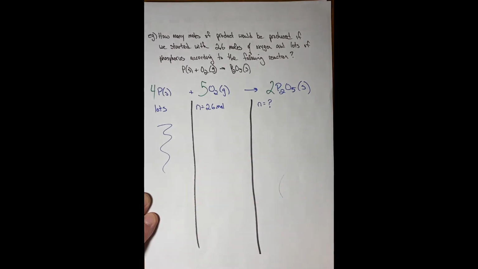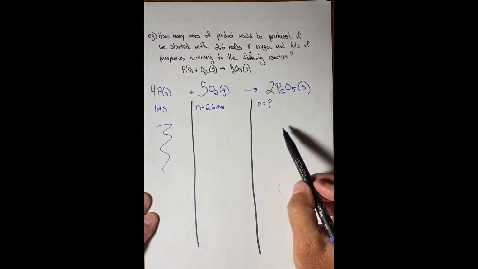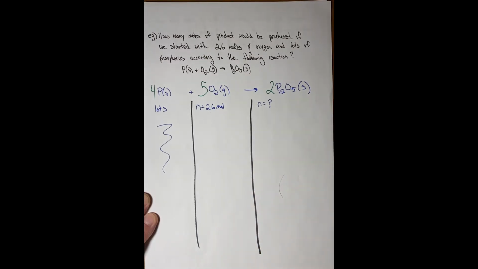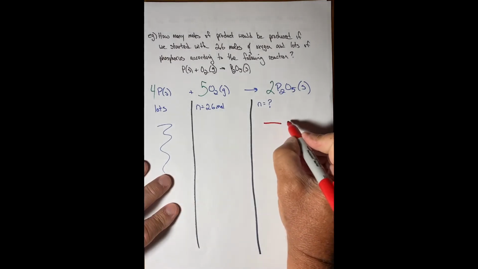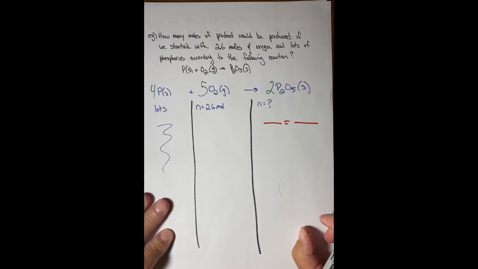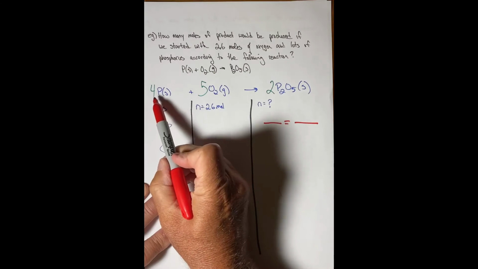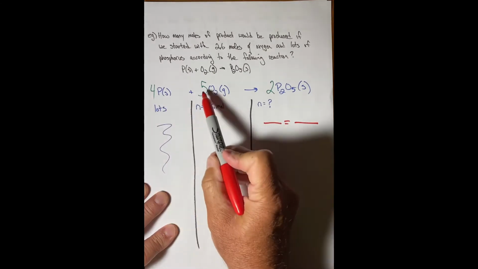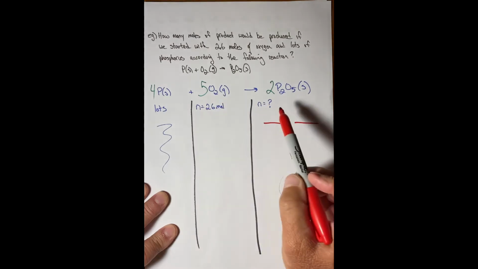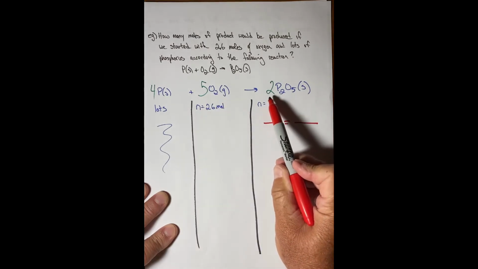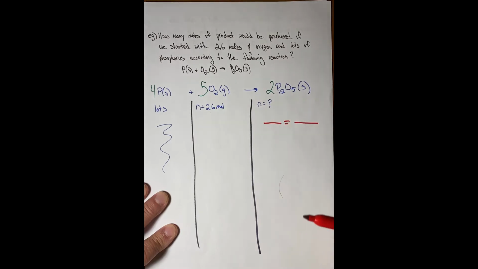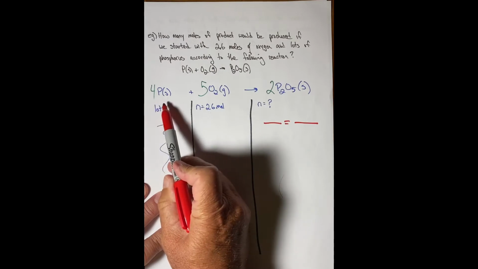Now, whenever you jump from one column to another column, you have to do what's called a mole to mole ratio. And that's the basis of what we're trying to do here. In order to do a mole to mole ratio, you're going to go line equals line, all right? Now, these coefficients technically are telling you that you need 4 phosphorus atoms, you need 5 oxygen molecules, and when you react them together, you will produce 2 P2O5 molecules. That isn't very practical because you're not going to just be able to take 4 atoms, okay?